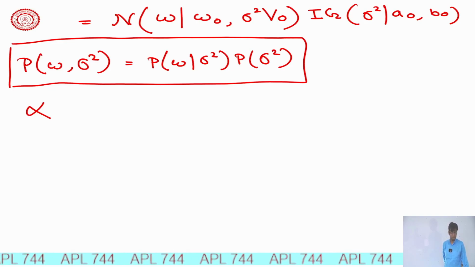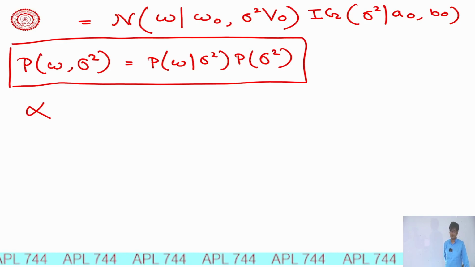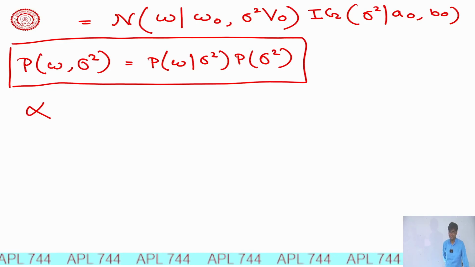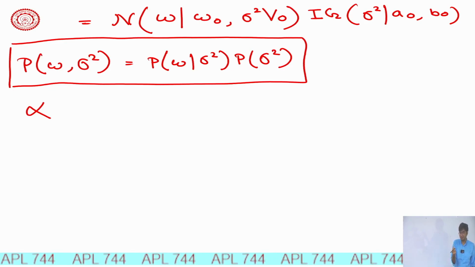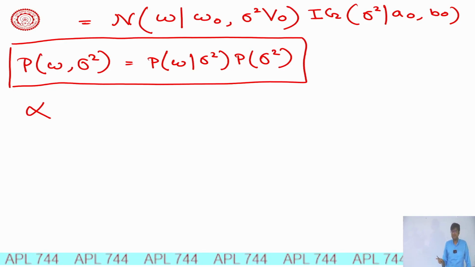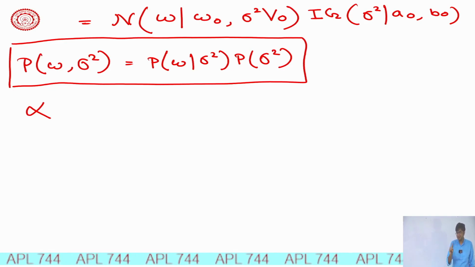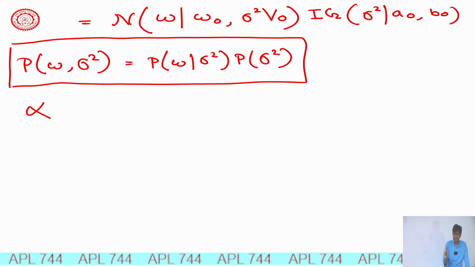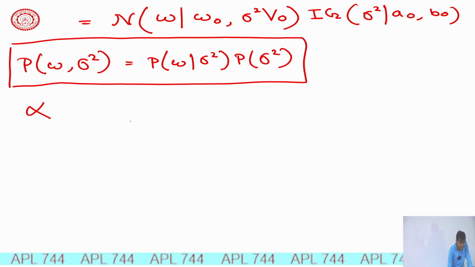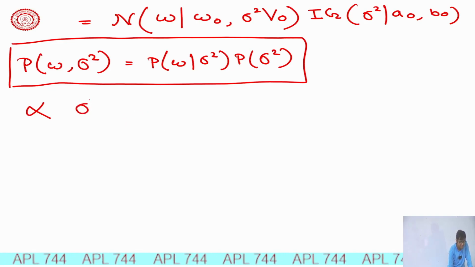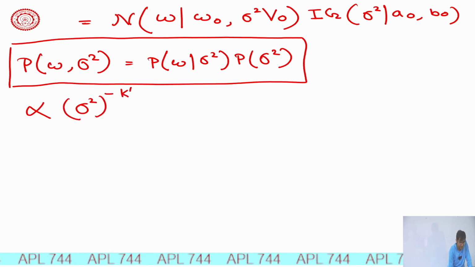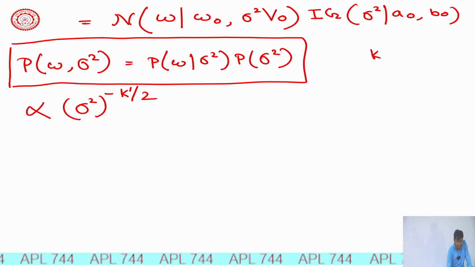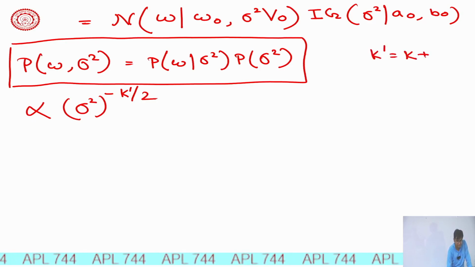Sigma square to the power minus k by 2, because W is actually k plus 1 dimensional, but I will call it k prime. I do not want to write plus 1 every time. So, this is equal to sigma square to the power minus k prime by 2, and remember k prime is equal to k plus 1.